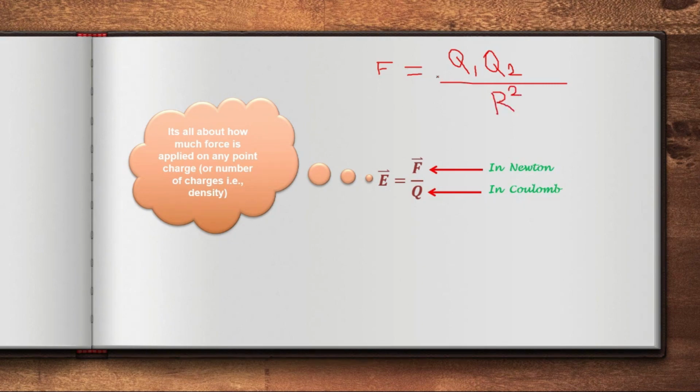When we write equal to, we have to consider a constant of proportionality, which is given by 1 upon 4 pi epsilon naught. In the previous session we have seen this and also discussed the examples.